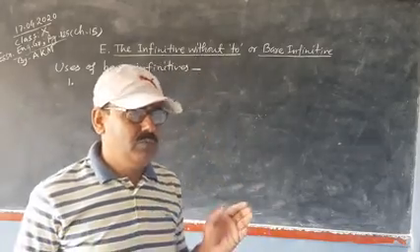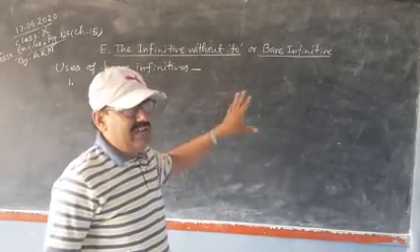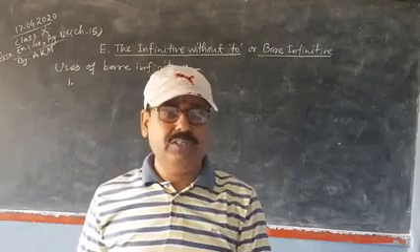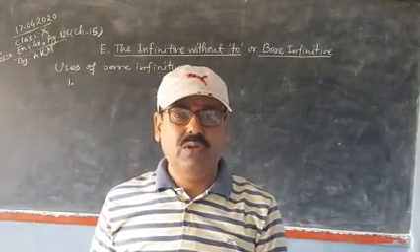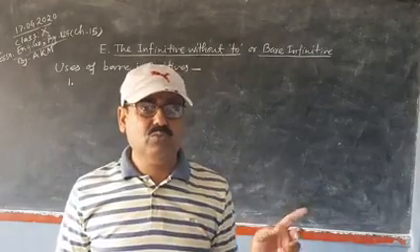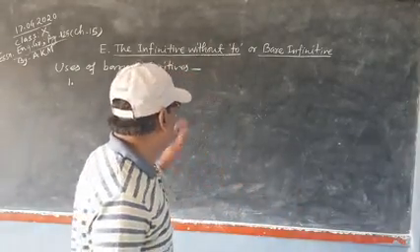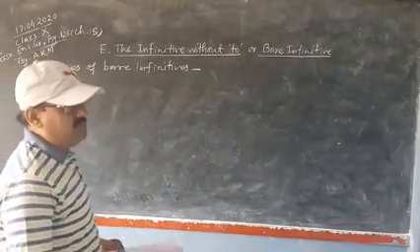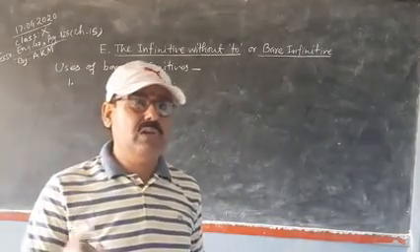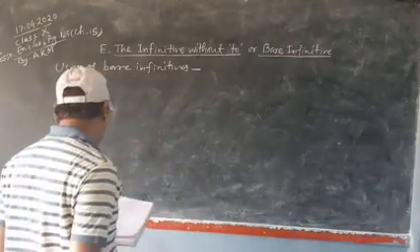to. Up to now we have studied infinitives are of two types: to-infinitive, or full infinitive, and the second one was bare infinitive. So today we are taking uses of bare infinitives, where we should use bare infinitives. Some of the points are here.